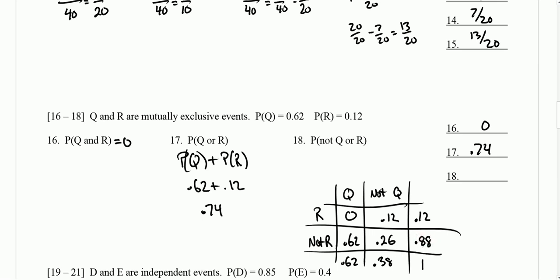Okay. So if I want the probability that's not Q, I'm going to highlight the not Q. So that would be this piece is not Q, or it could be R. So that's what we're looking at, not Q or R. And so we're adding 0 plus 0.12 plus 0.26 and getting 0.38.